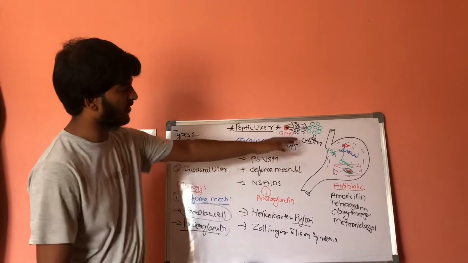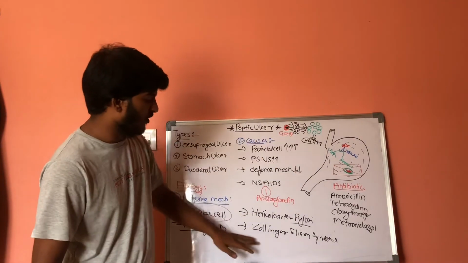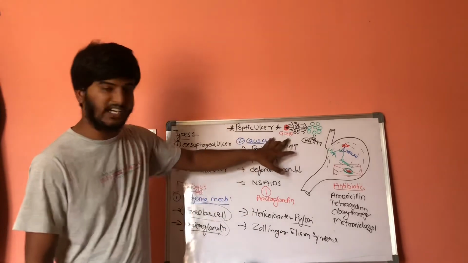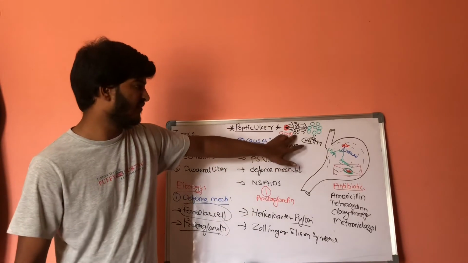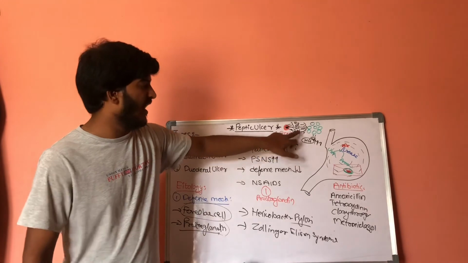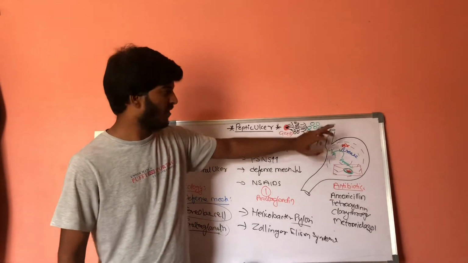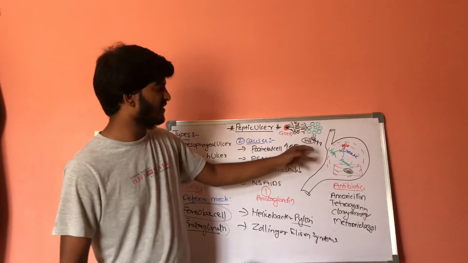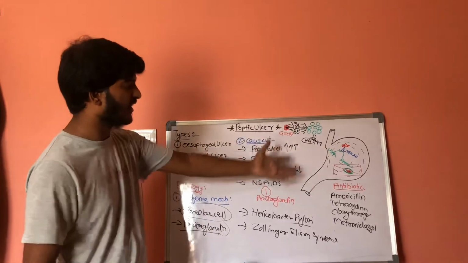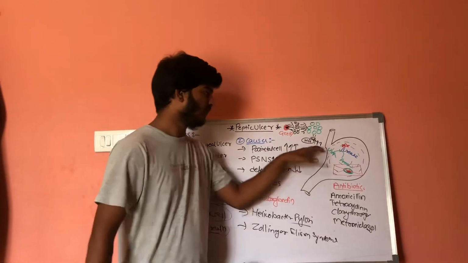So this is about Zollinger-Ellison syndrome, which is associated with G cells, that is gastrin cells, where there is presence of a tumor. As a result, it will activate more parietal cells and synthesize more HCl.